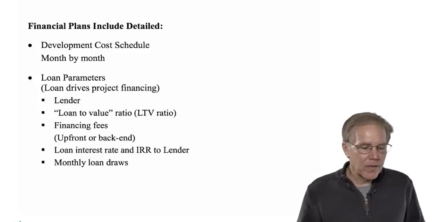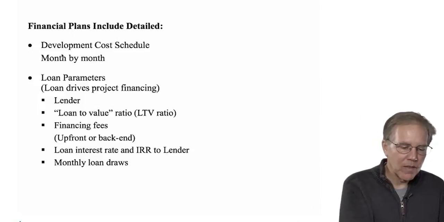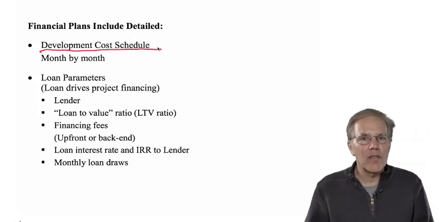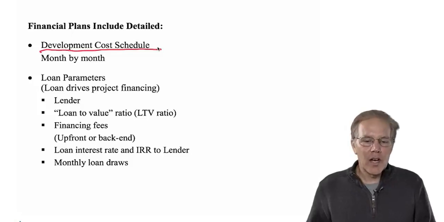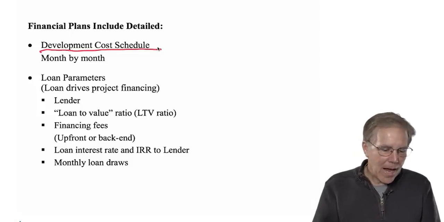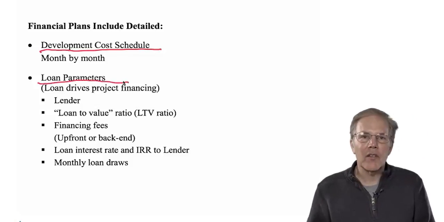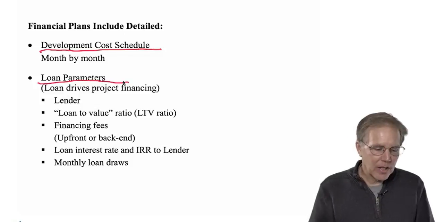Okay, so in a financial plan, now we're going to need a very detailed development cost schedule, something like what you've seen probably already in construction management with a construction schedule. And if we're going to get some help in financing this project through a loan, we're going to need to know everything about the loan.